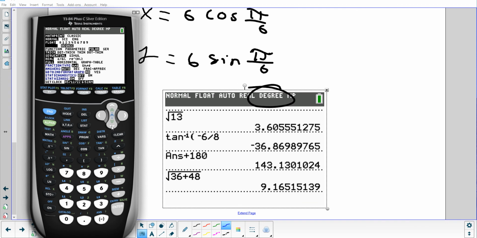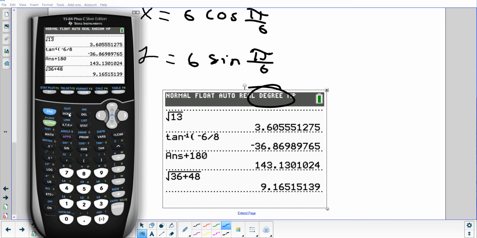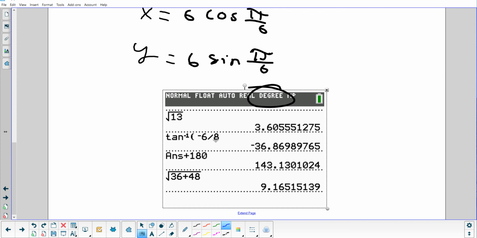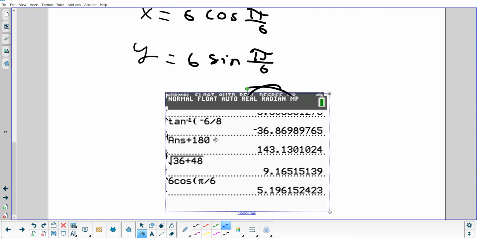Change to radians. Type in 6 cosine pi over 6. And that gives me about, I don't know if you can really see it, roughly 5.20.